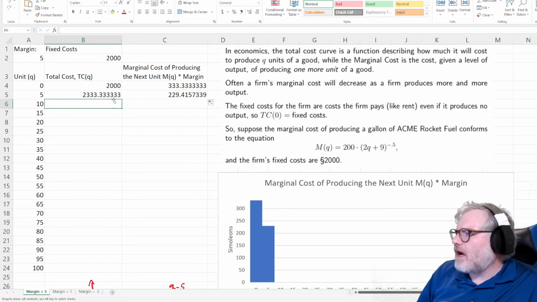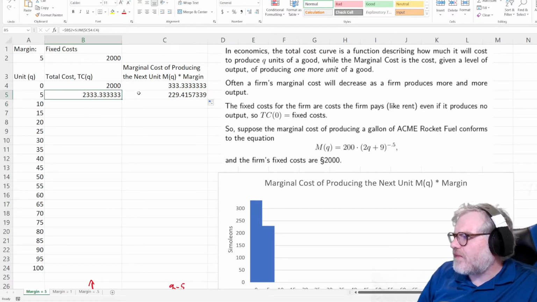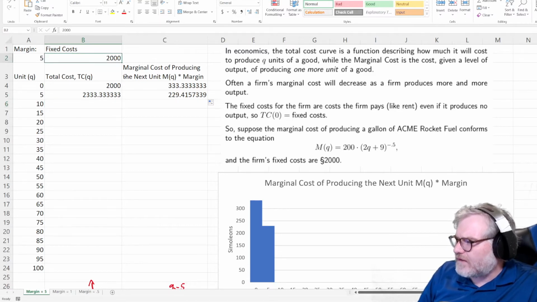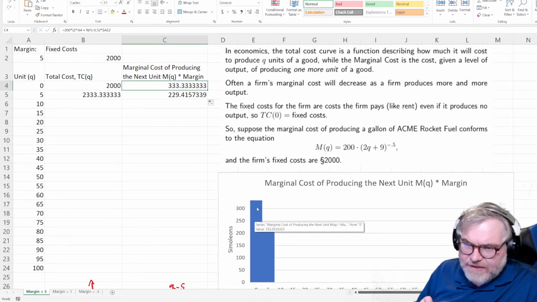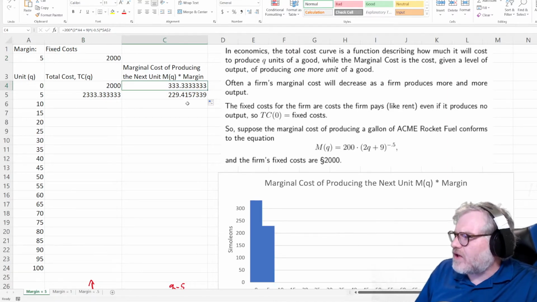Okay. Well, in order to produce this number right here, I'm going to add the total cost, plus the cost of producing the first 5 units, 0 to 5, and then the marginal cost of producing the next 5.